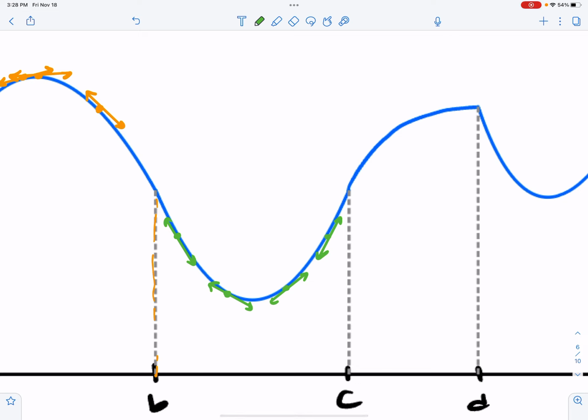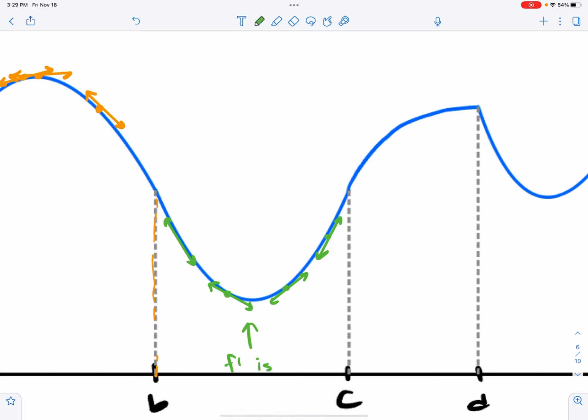And then as I move closer to c, going from left to right, it looks like the slope is becoming less steep. So if I were to assign a value to that first tangent line, I could say that it has a slope of maybe -2. And then this one would maybe have a slope of like -1/2. And then 1/2 and maybe +2. So the values of f prime would actually be increasing on this next interval.